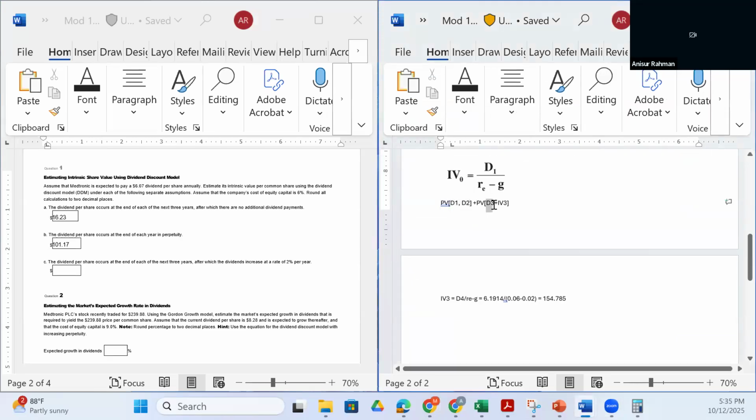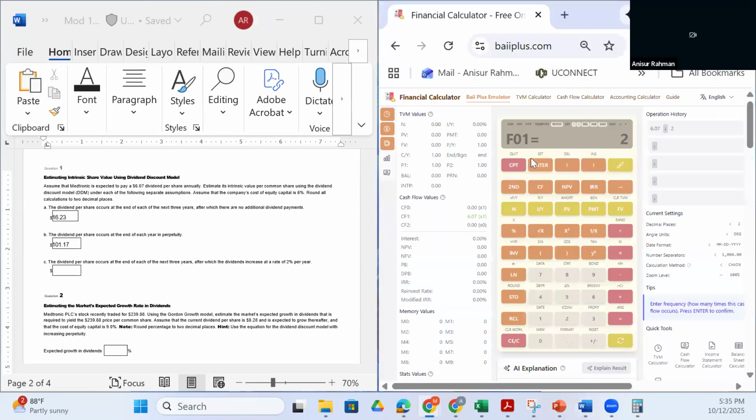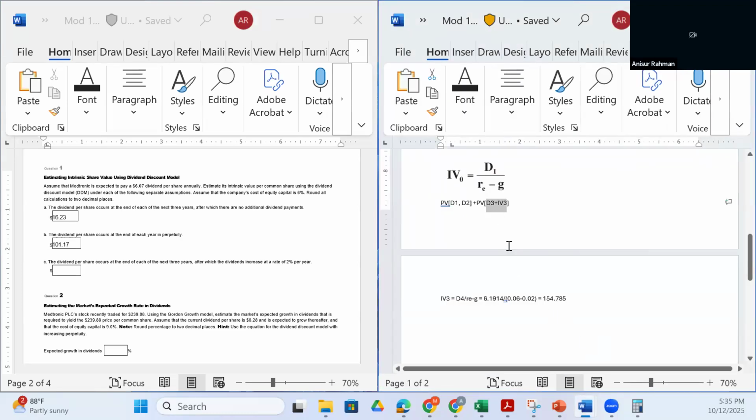We cannot add D3 yet because we have to adjust the year 3 cash flow by adding the intrinsic value of year 3. So I will enter 2, enter, and then down, which is our 6.07 plus our intrinsic value of 154.785.